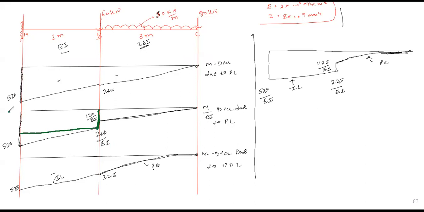So this rectangle is nothing but 240 by EI. Everybody with me? The value of this rectangle is 240, and the total value is 520. Just a minute, I am changing here. Actually, this is 520 by EI.